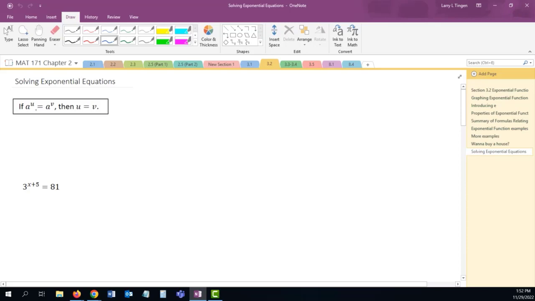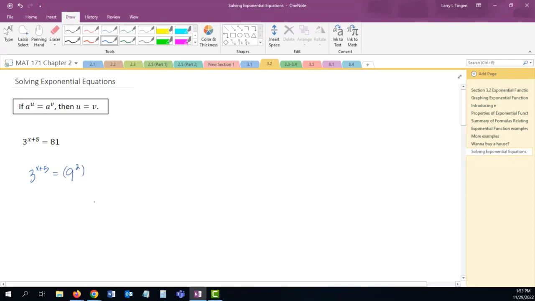They kind of get paired up like m and n. So what this means is if I can write both sides of my equation in the same base, I can use the exponents to solve for my variable, because it's an exponential equation, which means the variable is in the exponent. So 3 to the x plus 5 is equal to 81.